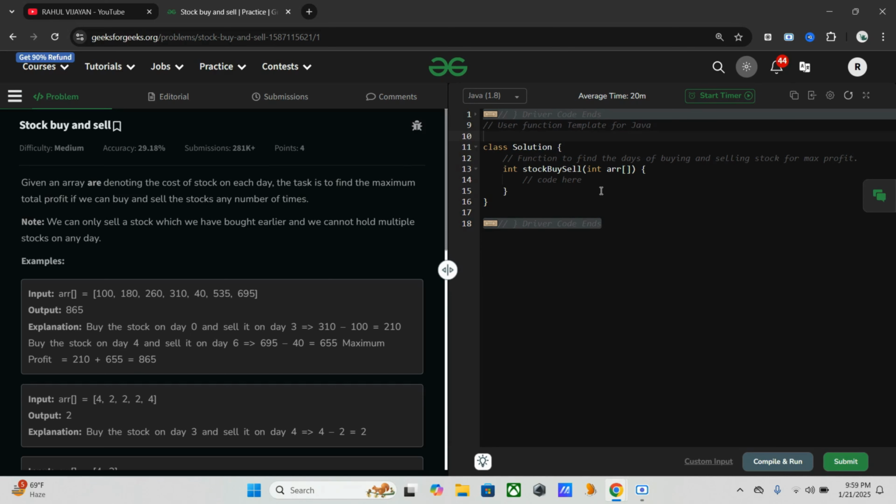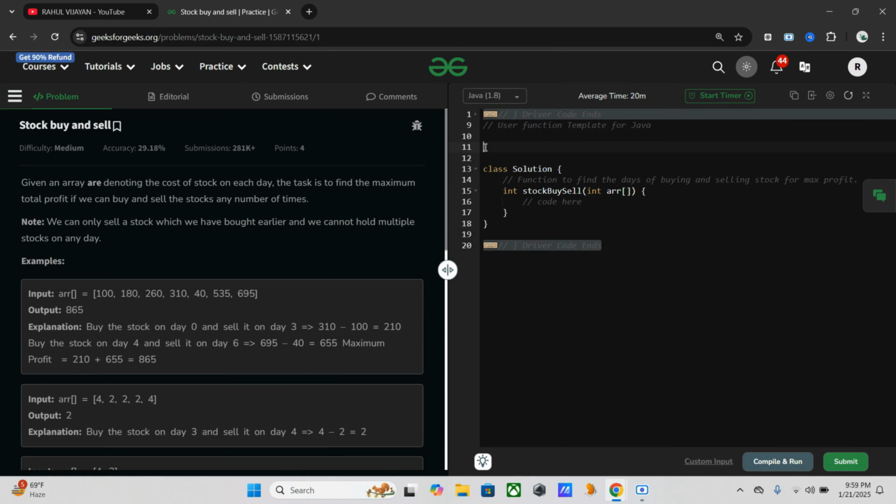So, let's start. First of all, I will import one package which is streams, because I am not using the ordinary for loop method, we will use the streams.